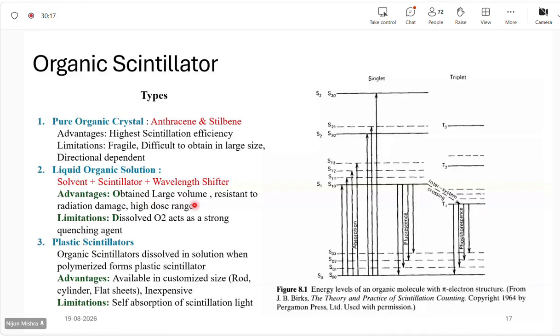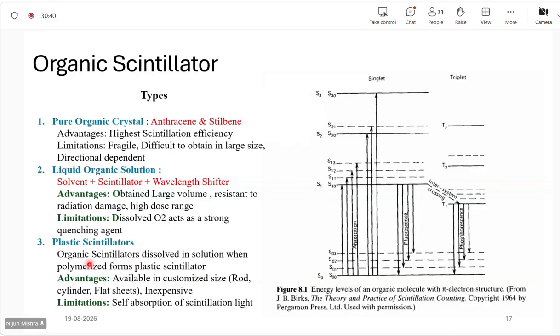Advantages are obtaining large volume, resistance to radiation damage, and high dose range. Limitation: dissolved oxygen acts as a strong quenching agent. Quenching agent means it can absorb the scintillation light within itself.